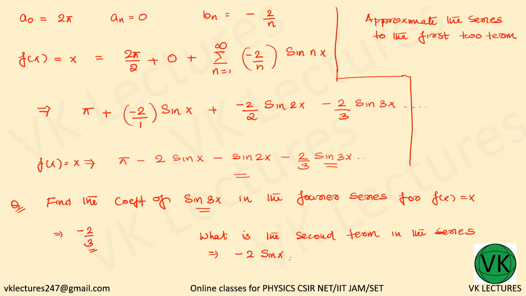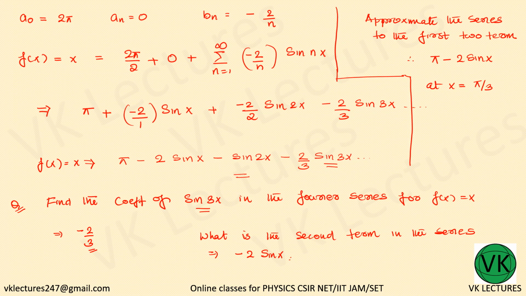So what will be the answer? Here the answer will be pi minus 2 sin x. Or even sometimes the question will be to approximate the series to the first two terms at x equal to, say for example, pi by 3.